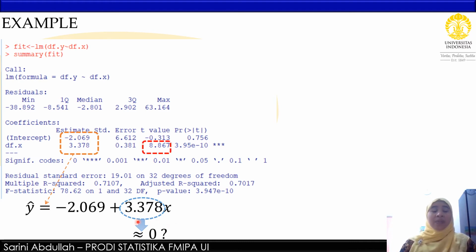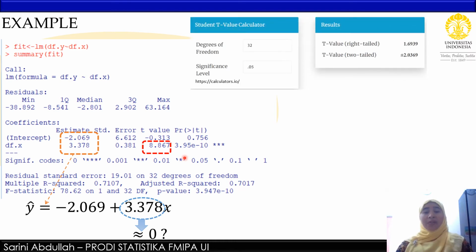Okay, so from the procedure, to know whether this value is statistically significant from 0 or not, we do the t-test. Remember again our previous video. So here we see that the t-value is 8.867. Is this value in the rejection region or is it in the acceptance region?